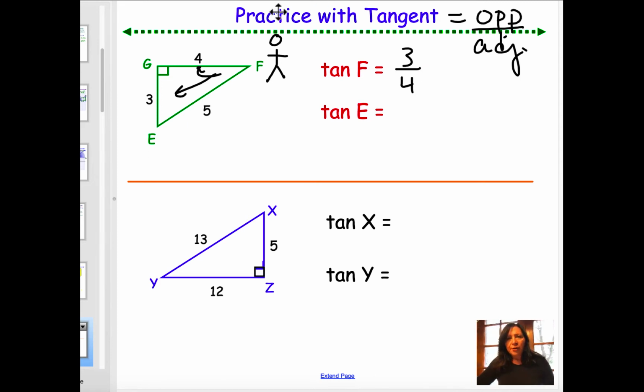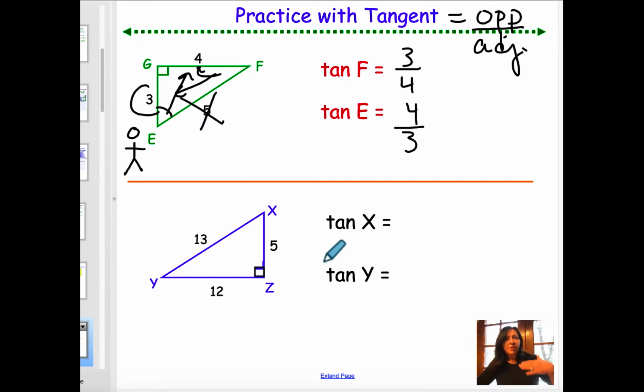And then if you move yourself and you put yourself over here at E, tangent of E is going to be the opposite side. Remember, this is different because now you're here. Opposite side is now 4 over the adjacent side, which is 3. And remember, you're not going to use the hypotenuse because tangent only uses the opposite side and the adjacent side.